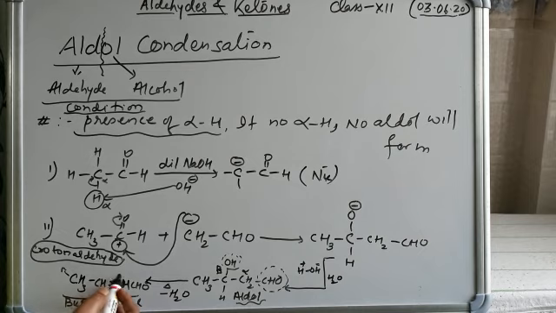So alpha beta unsaturation takes place. Here this carbon is alpha and this carbon is beta. So OH from beta and H plus from alpha. When H2O is removed from this molecule, an alpha beta unsaturated aldehyde compound forms, and the name of this compound is but-2-enal.